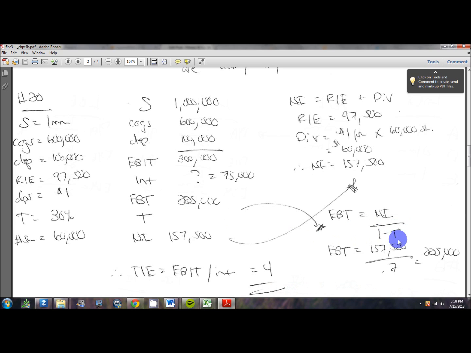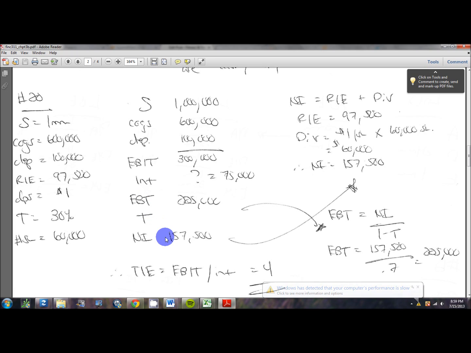Pretend for a minute that you were moving top down, and you had the EBT. How would you go from EBT down to net income? I don't have a pen here, so you'd have to write this down in front of you to see what I'm saying. But net income would be equal to EBT times 1 minus T. That would be the equation to move from EBT to net income.